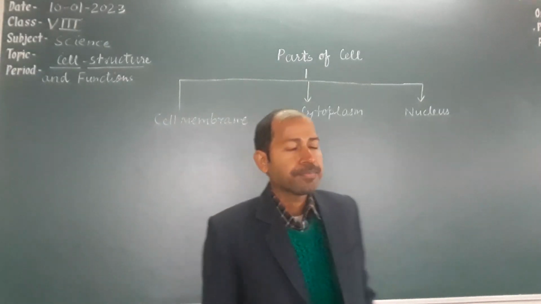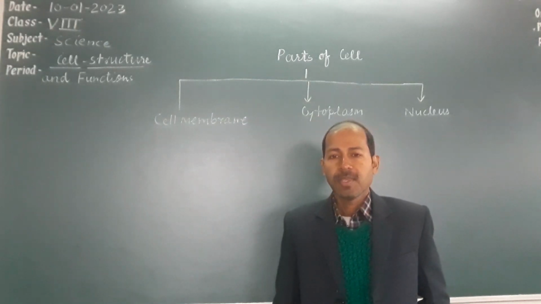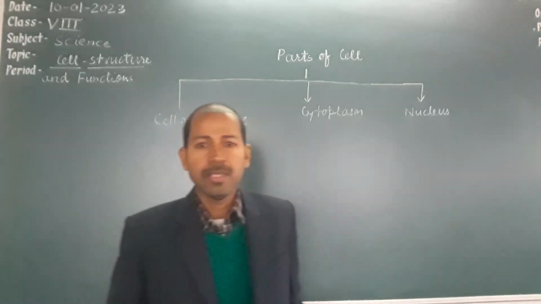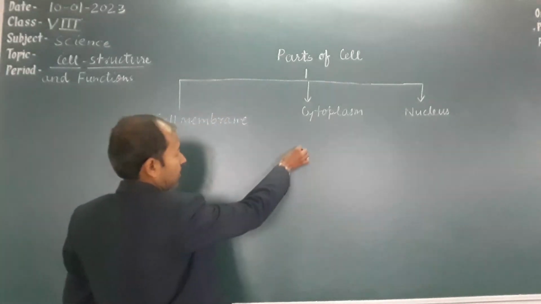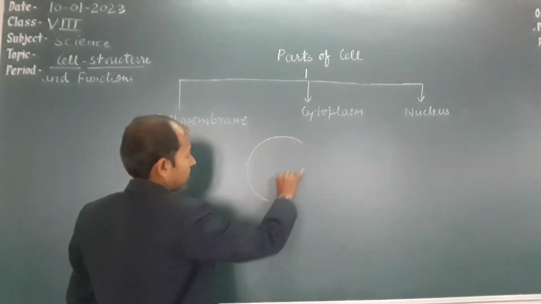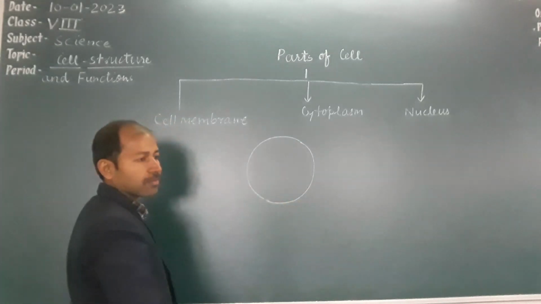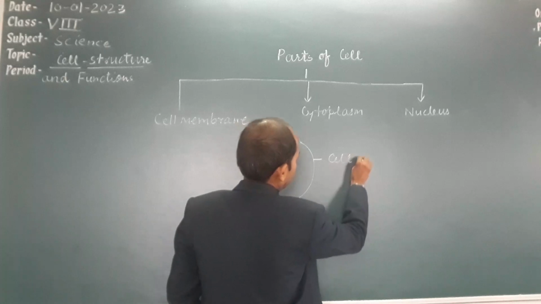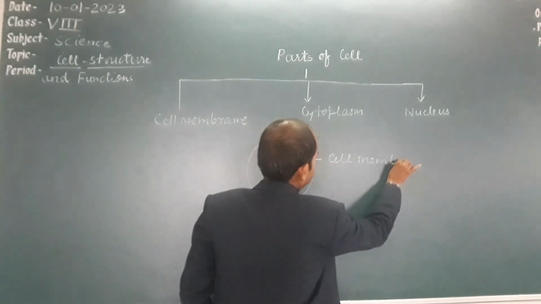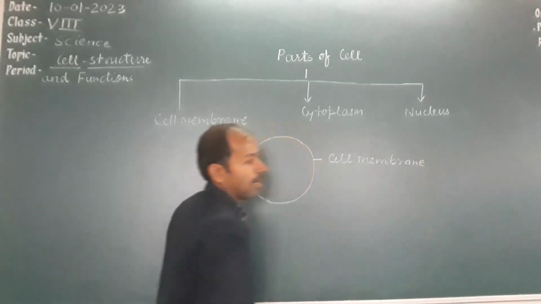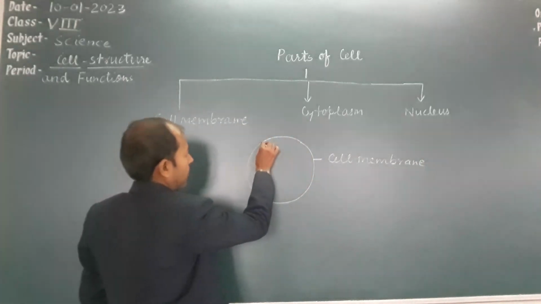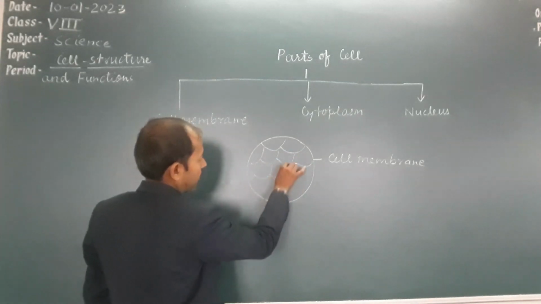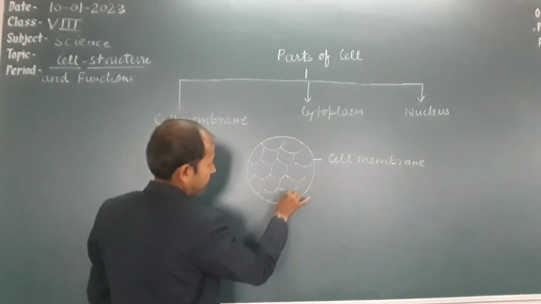You know that if you see a typical cell inside a microscope, then you will get this type of structure. The outer part is called the cell membrane, and there is an empty part of the cell.